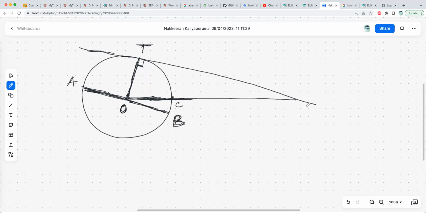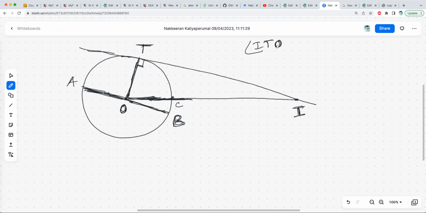The tangent's other end is called I. So angle ITO is our 90 degrees, isn't it? That is what we need to prove.